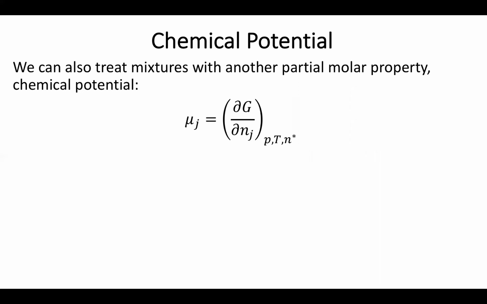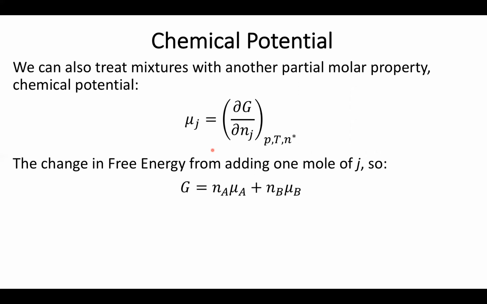to also be changing. So what we can actually do is go ahead and integrate the system just like we did with partial molar volumes. And what we can actually get is an expression for the free energy of a system with respect to the chemical potential of A and its amount, and the chemical potential of B and its amount.